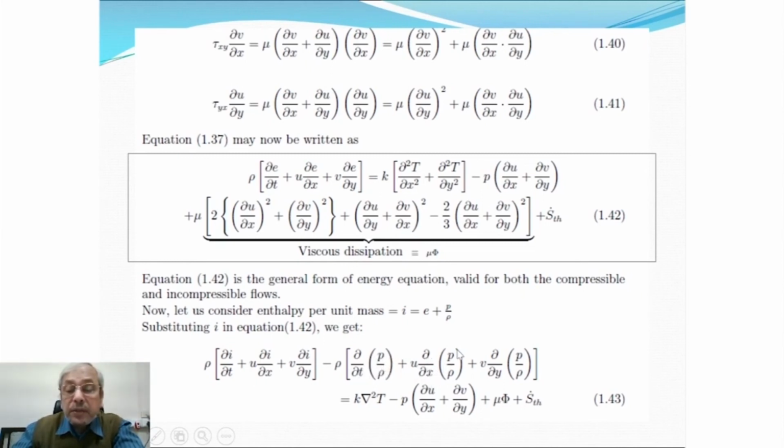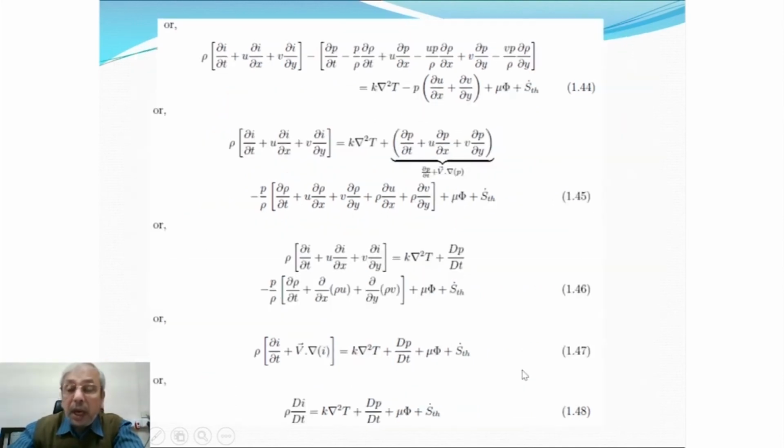Here also del del X once on P, then del del X on 1 by rho, del del Y on P, and del del Y on 1 by rho. And we have got these terms. Right hand side: K del square T minus P del U del X plus del V del Y plus mu into viscous dissipation plus thermal energy generation rate.